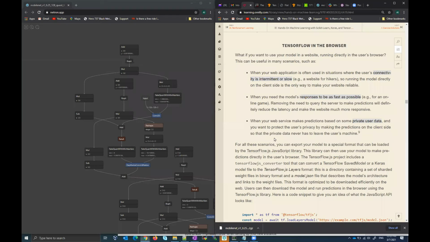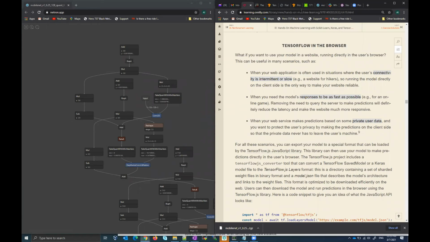MediaPipe is a library for the representation of live ML across platforms. So here I've shared a link in the chat. It's across Android, iOS, C++, Python, and the JavaScript ecosystem.